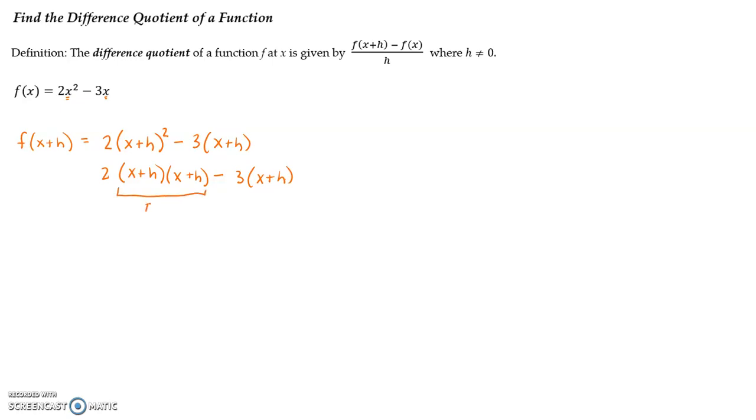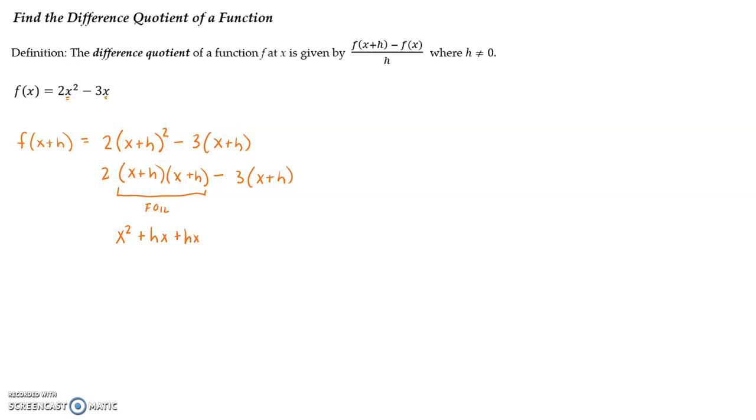We're going to go ahead and FOIL or distribute this out. We've got x times x, which is going to give us x squared. X times h is a positive hx. Our inside piece will also give us a positive hx.